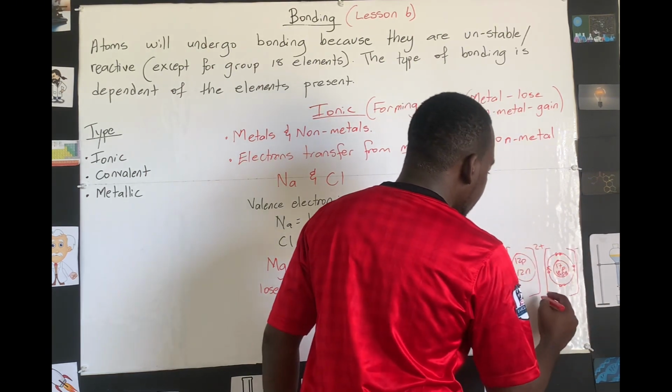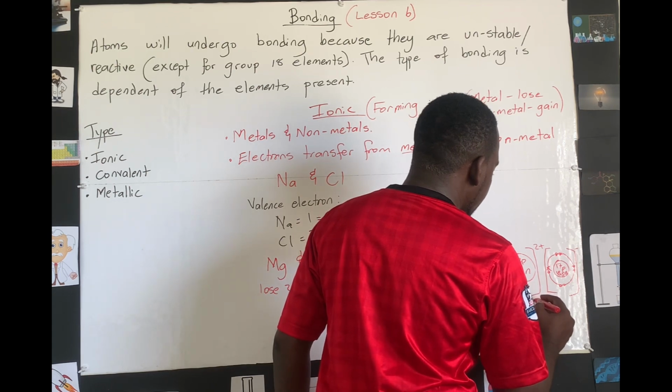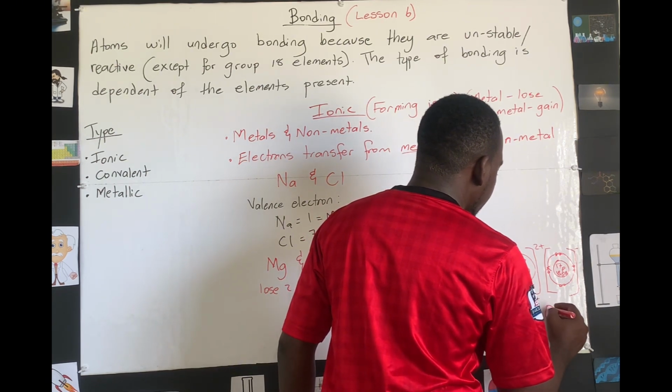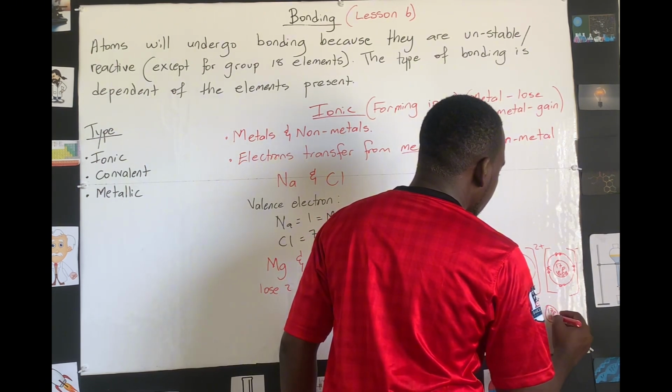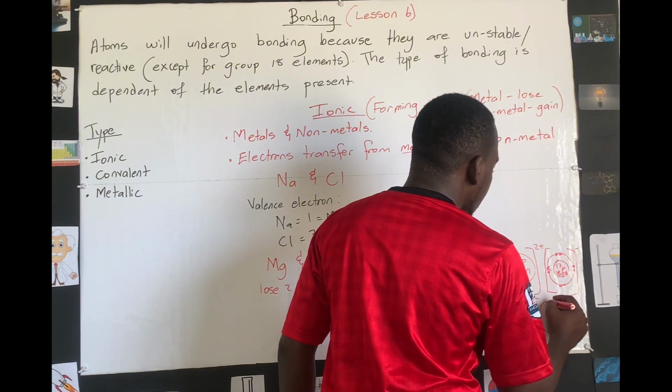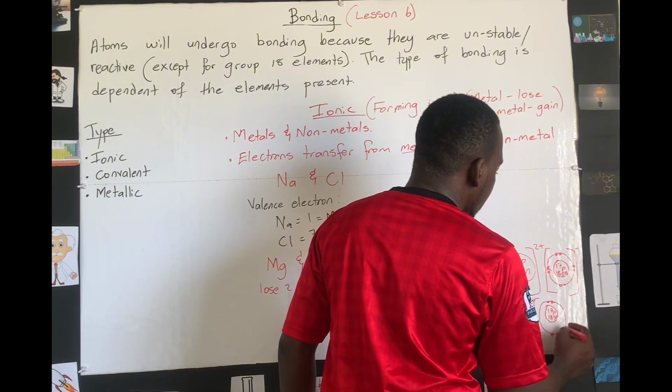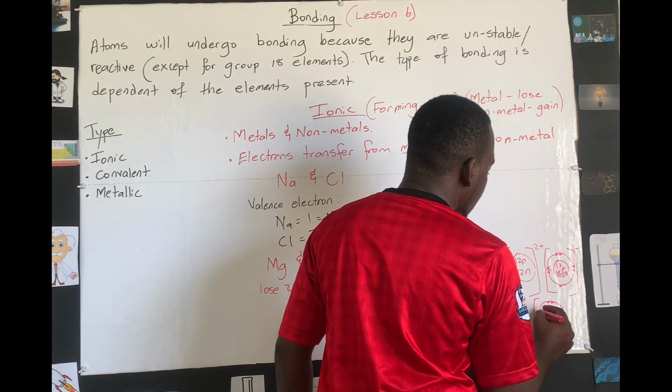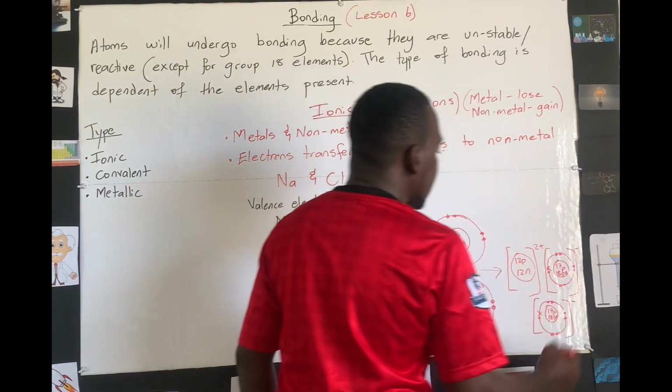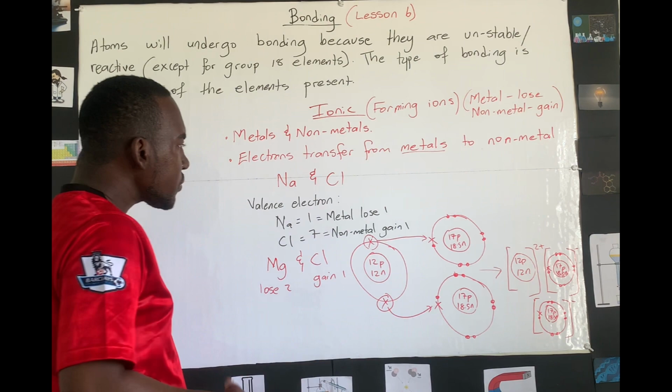And that's a negative charge because 1 electron was received. Because we used 2 chlorines, we had to draw 2 ions of chlorine to represent that it was 2 chlorine involved in this bonding.